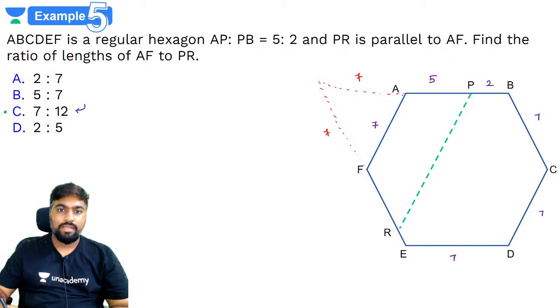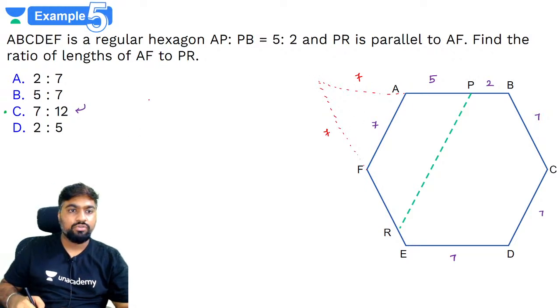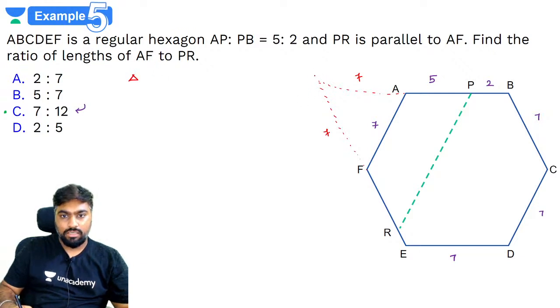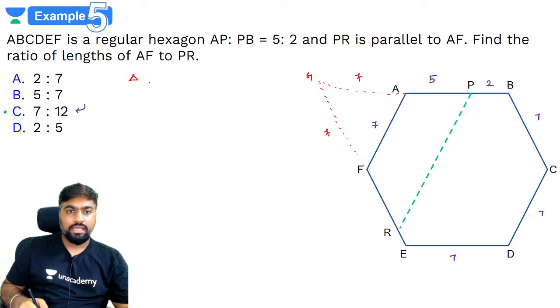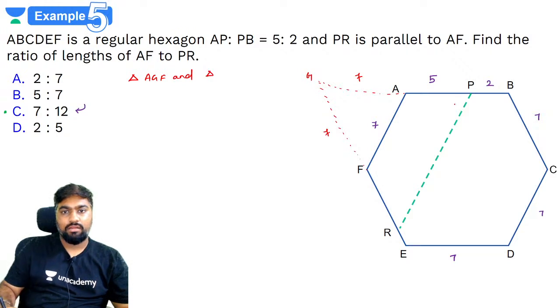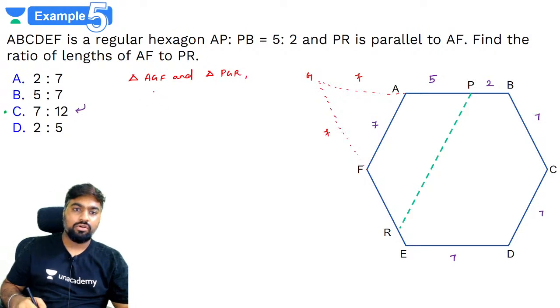Yes, so ये एक equilateral triangle बन गया. Now what do you have? You have 2 triangles. Let's call this G. So triangle AGF and compare it to the bigger triangle PGR. What do you know? It is given that PR is parallel to AF.